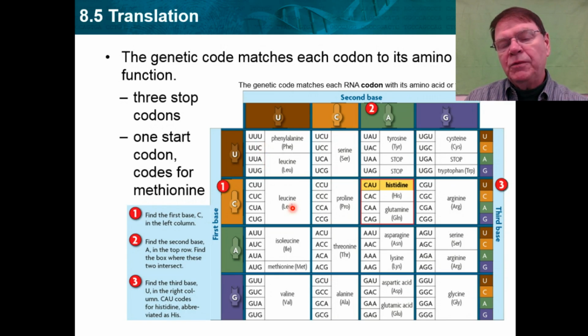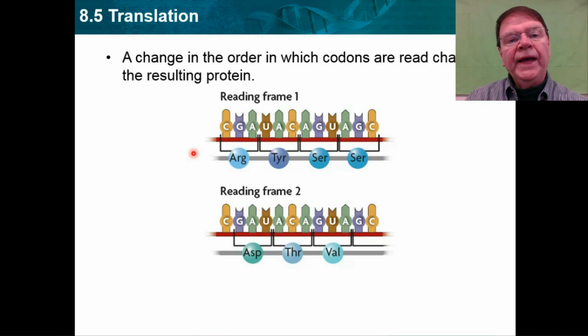And like I said before, in this language of life, there are letters and there's also syntax. There are stop codons that act as a period in a sentence. And there's also start codons, like the one here that codes for methionine.